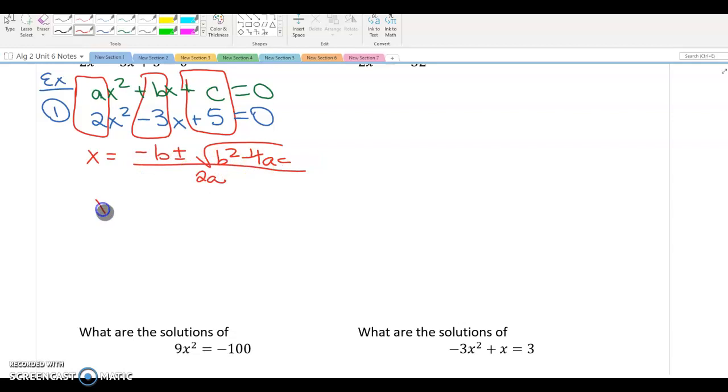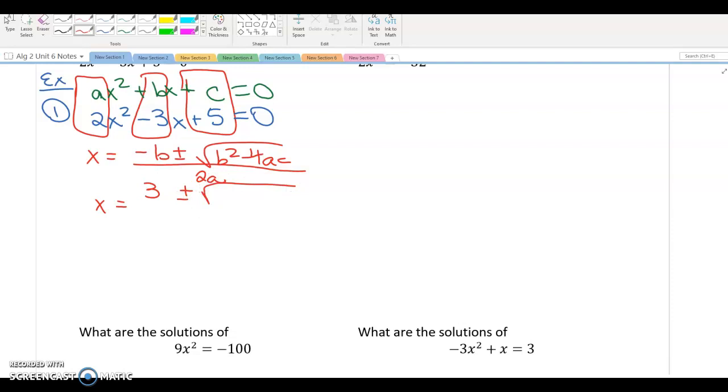Now, x equals, what's our b? Negative 3. So it's going to be a negative 3. So you go make that a positive. Negative 3 makes it a positive 3. So I'm going to go ahead and write positive 3. Alright, plus or minus the square root of what's b squared?